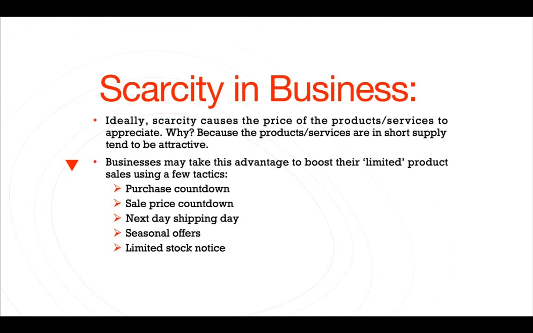The third one is next day shipping. Online shopping platforms usually use this method by informing customers that they are running out of time and need to perform the transaction now in order to get next day shipment.